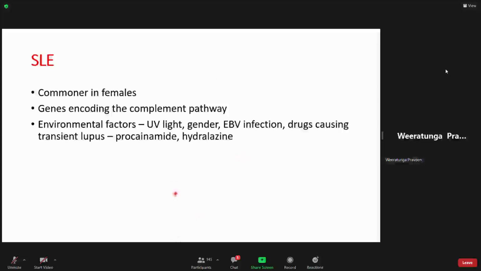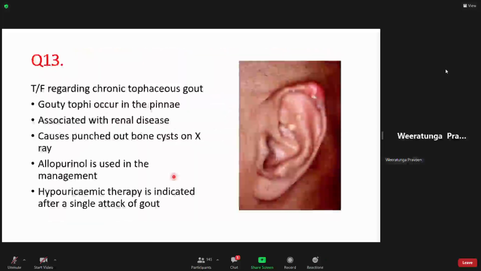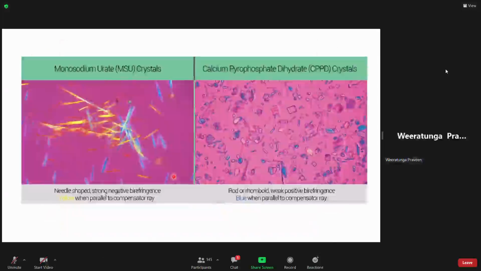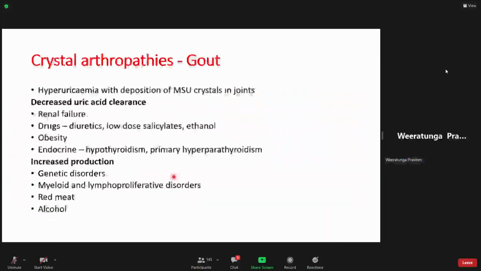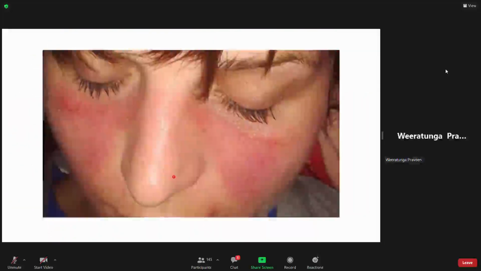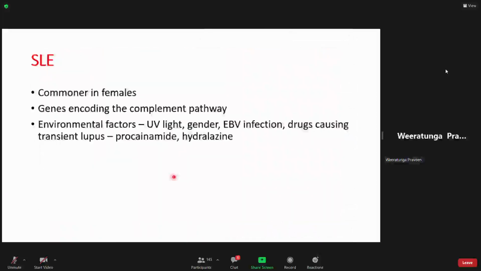Okay, right. So let's go to SLE then. SLE we talked about during a long case discussion. So most of the points I've already covered there. Now SLE, as you know, is far more common in females.